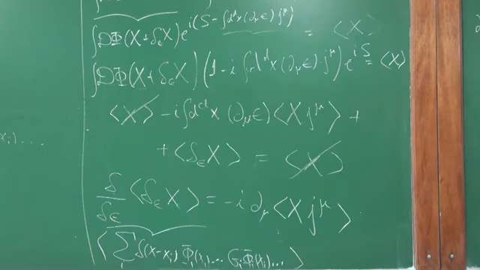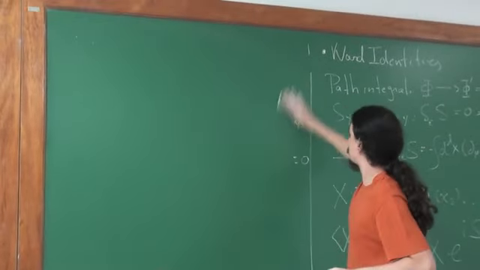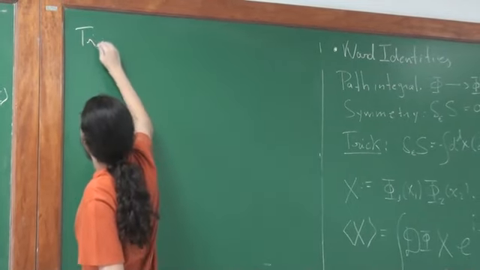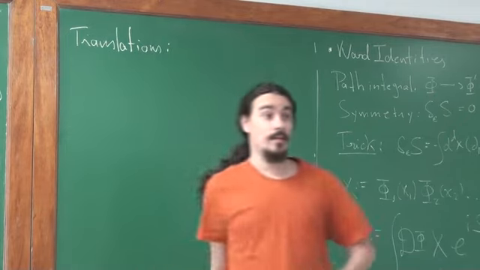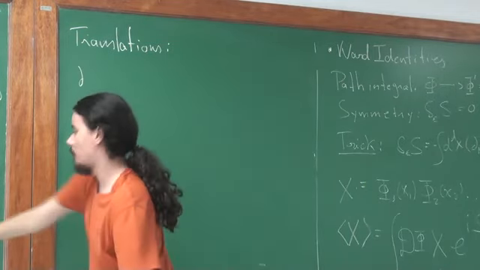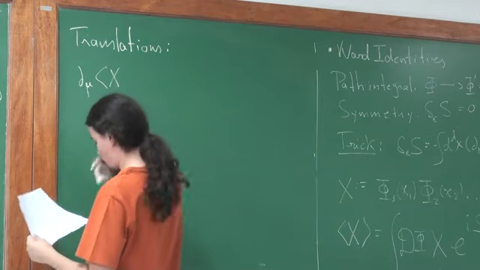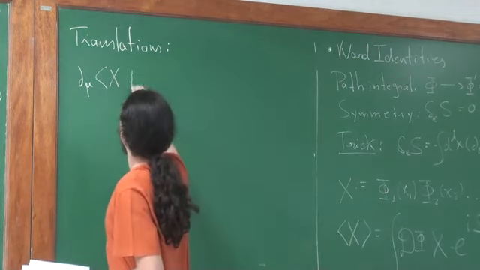Since this guy is expected to vanish, it obtains some conditions for these correlation functions. Let me just write for the translation. For translations, the conserved current from translation is just the canonical energy momentum tensor.